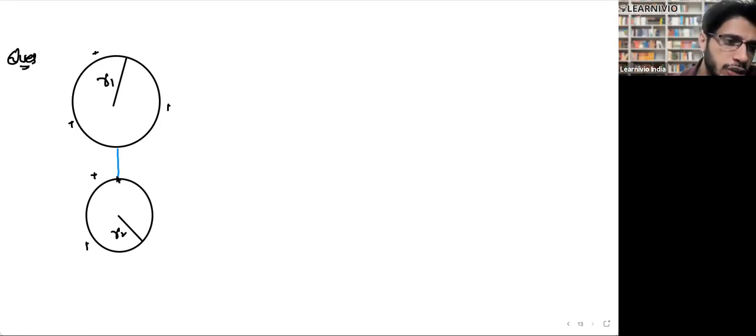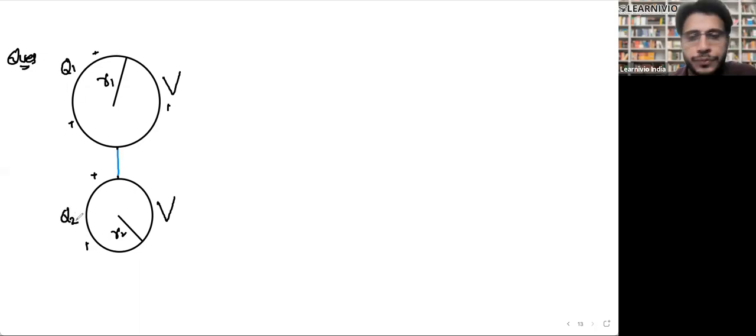The flow of charge will stop only when both spheres are at the same potential. The charges may be different: one has charge Q1, another has charge Q2.